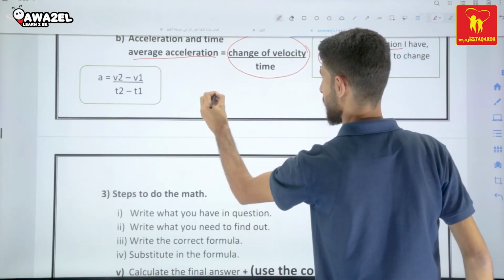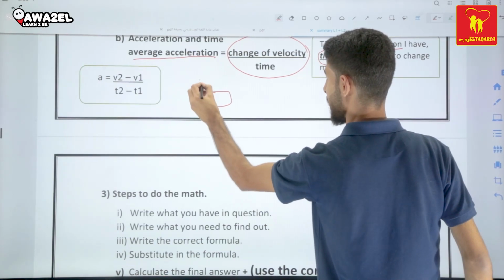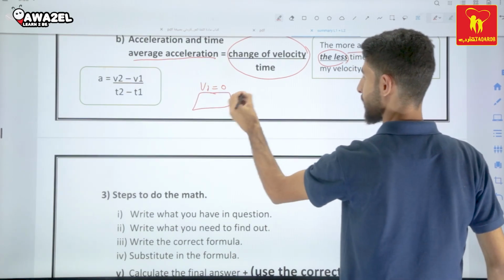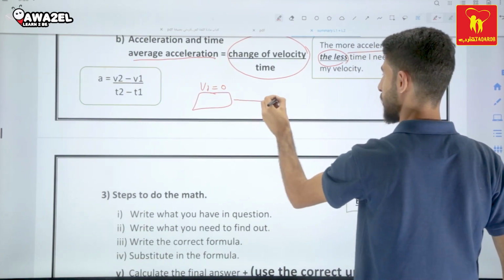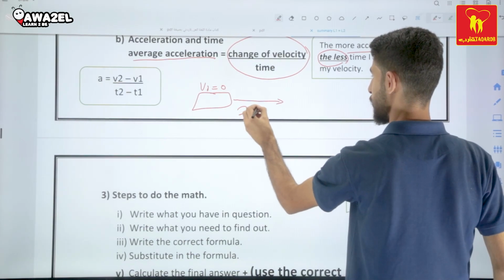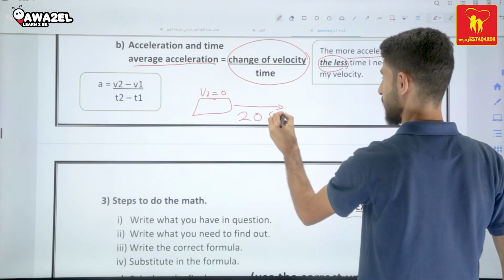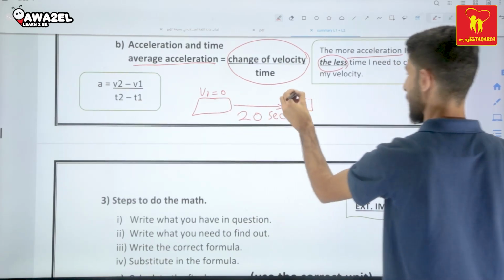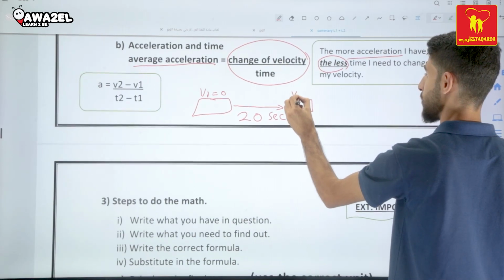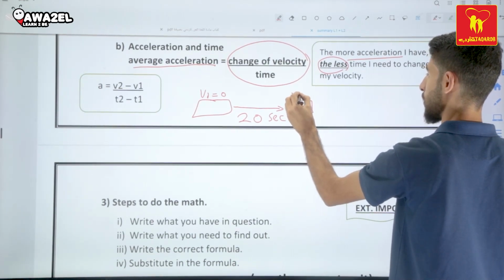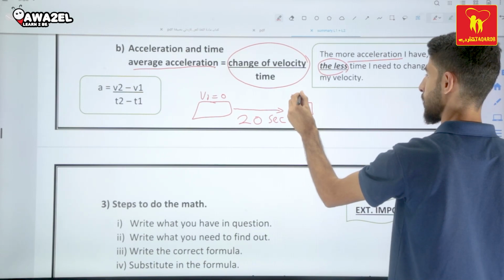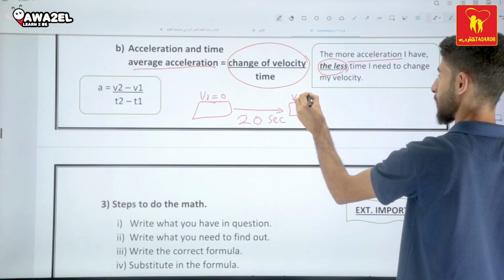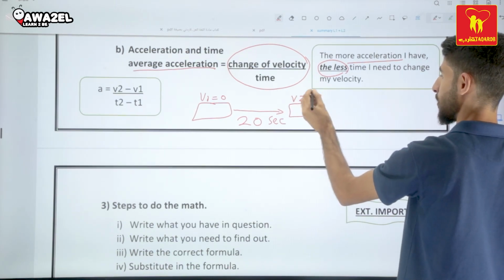If a car started from rest at v initial equals 0 and took 20 seconds to reach v2 equals, let's say, 8.